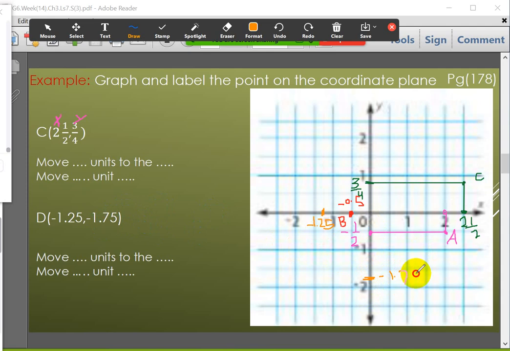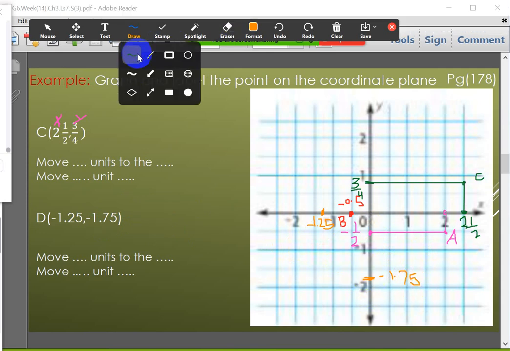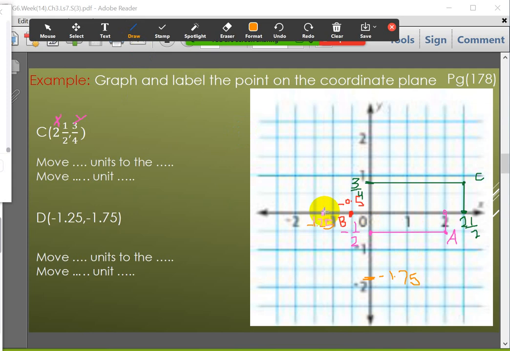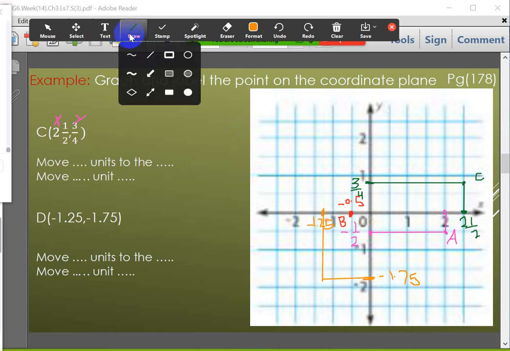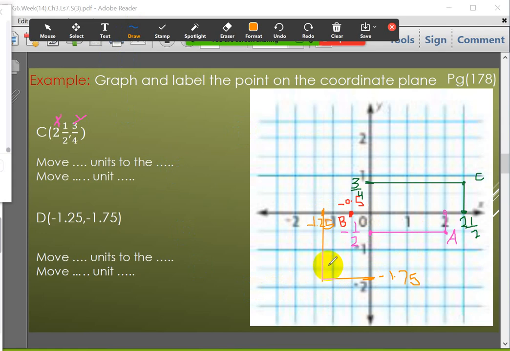Or you can divide the distance into 10 equal parts and count. I have to take a vertical line from this point and a horizontal line from this point, and they will cross on this point. That means this is point D.